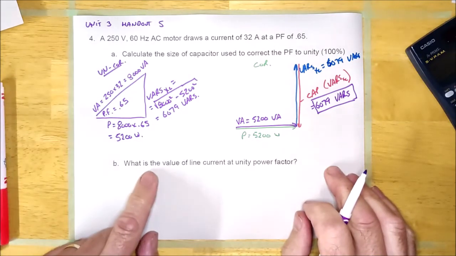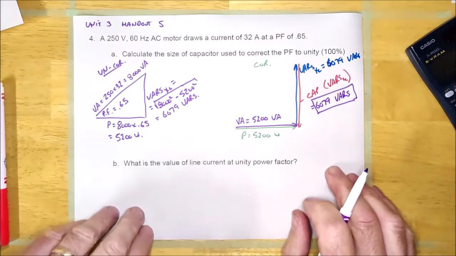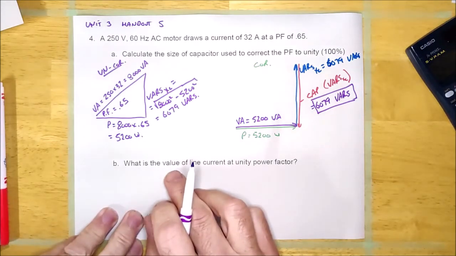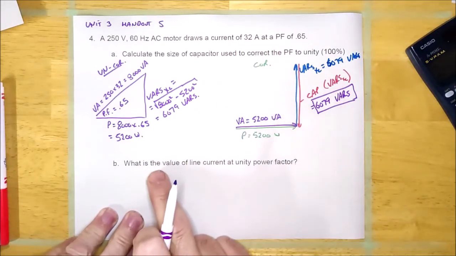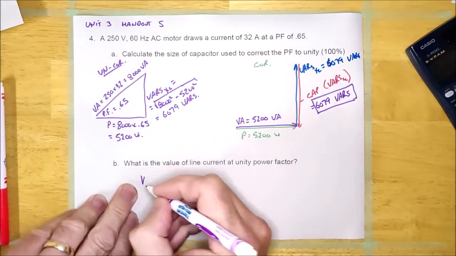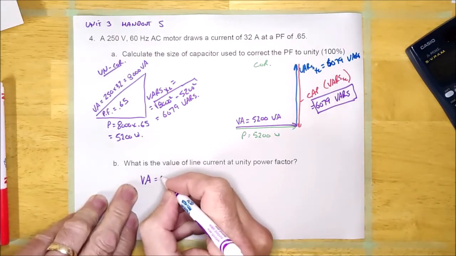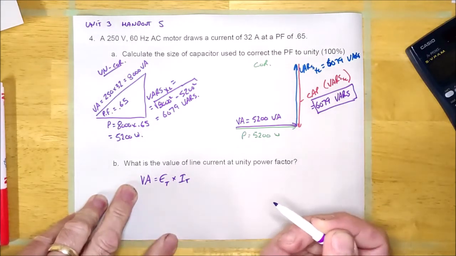Now, here's the thing. What is the value of line current at unity power factor? Well, the current before unity was 32 amps, right? To calculate the current after correction, the formula that has I total in it is this one right here. Okay, the VA is equal to E total times I total.